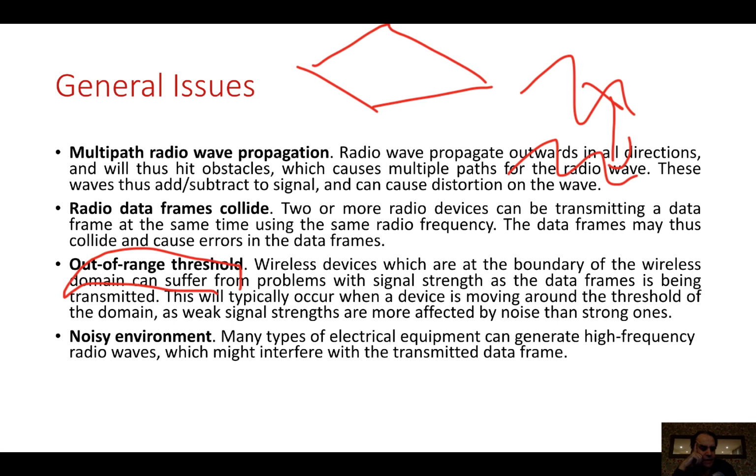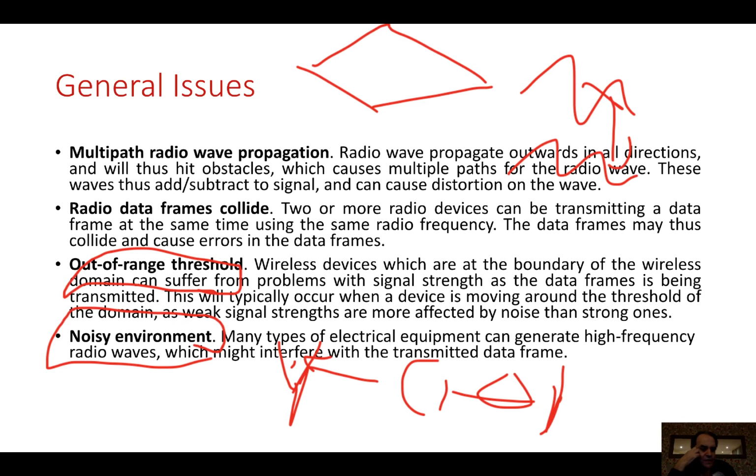We can have an out of range threshold, so it's possible for two wireless devices on a network to not see each other because they're at the outer edges of the network. And also other equipment such as fluorescent lights and microwave ovens can actually affect the wireless network.